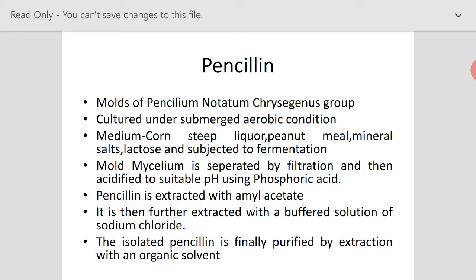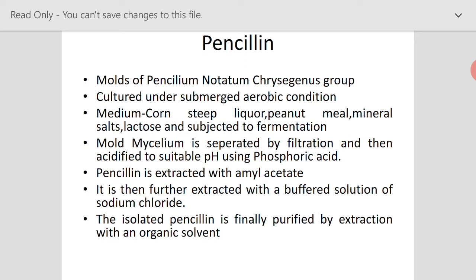Normally penicillin is manufactured from the Penicillium notatum chrysogenum group of species. This species is cultured under submerged aerobic condition in the presence of certain media like corn steep liquor, peanut meal, mineral salts, and lactose, and then it is subjected to fermentation.